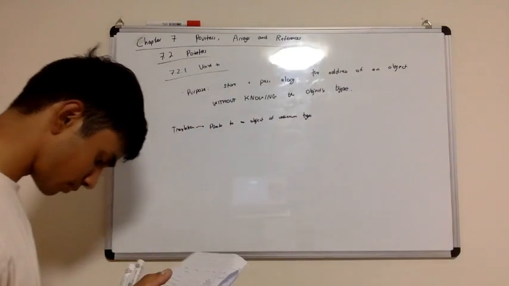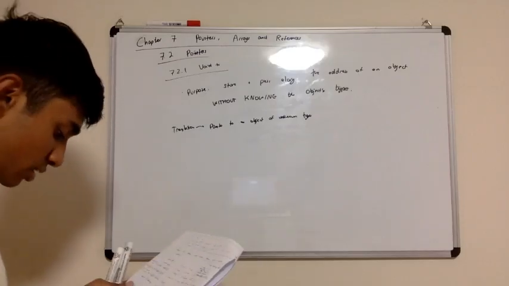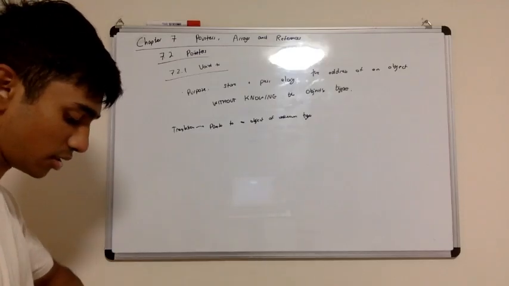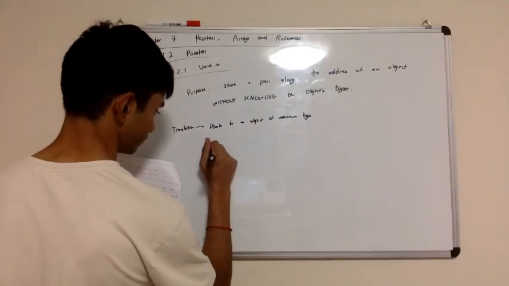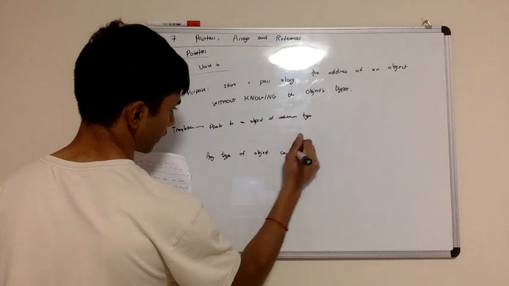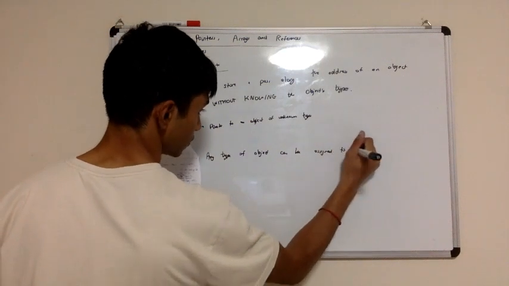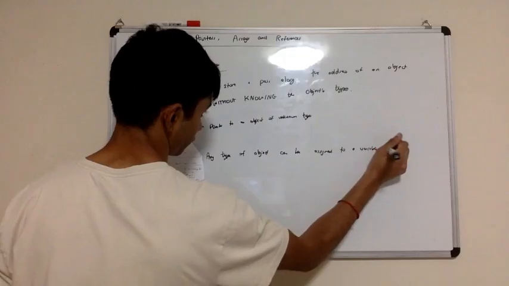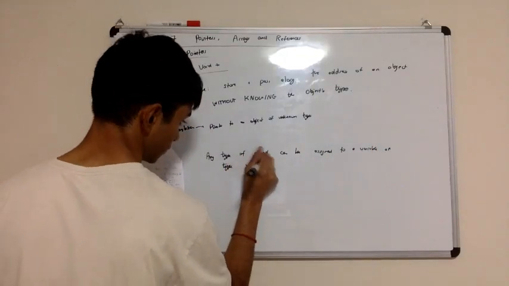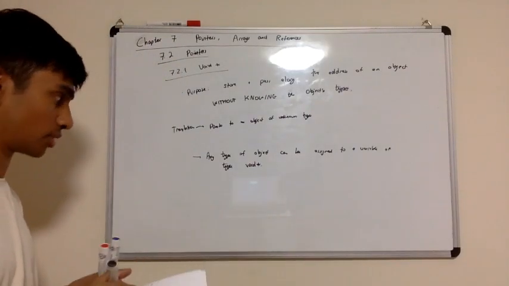Any type of object, any type of typical object we think about, like integers and chars and things like that, can be assigned to a variable of type void star, so a pointer to void type.